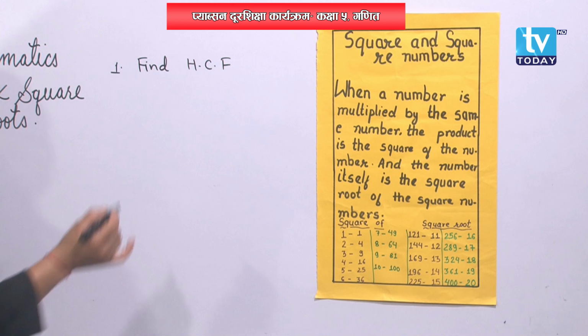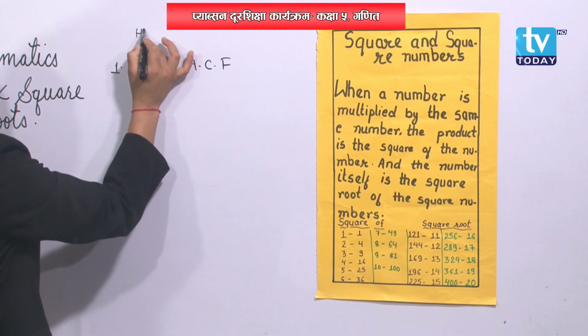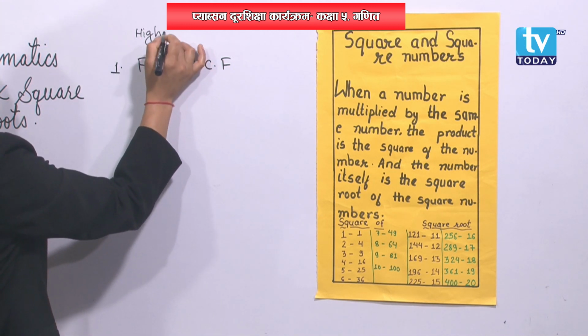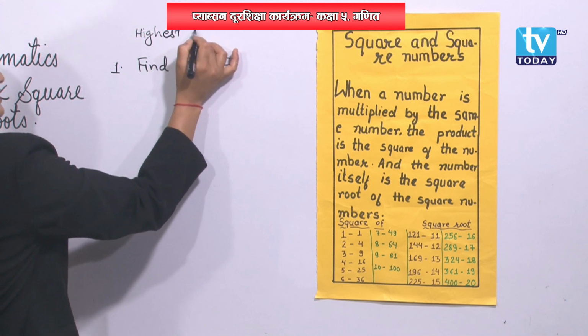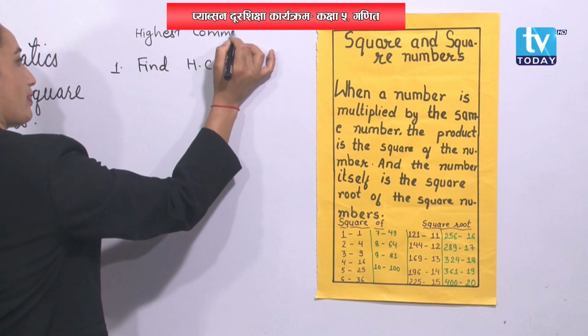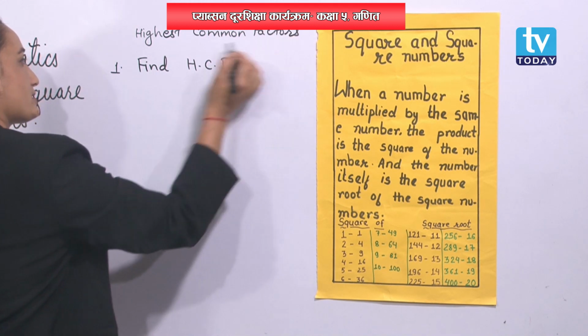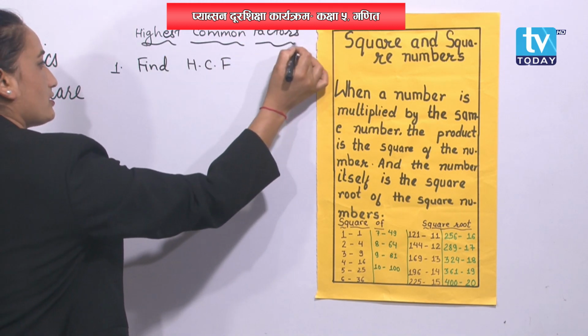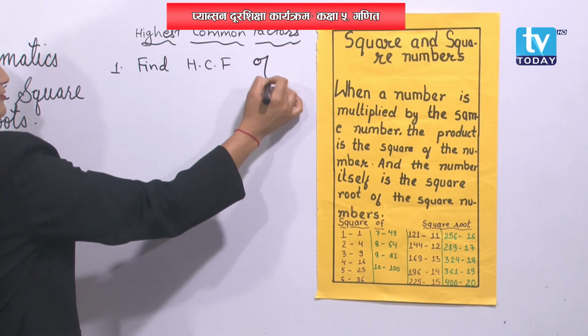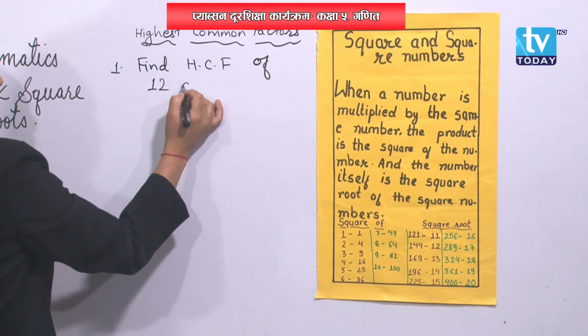HCF means highest common factor, you can also write it. Highest common factors. So find the HCF of 12 and 20.